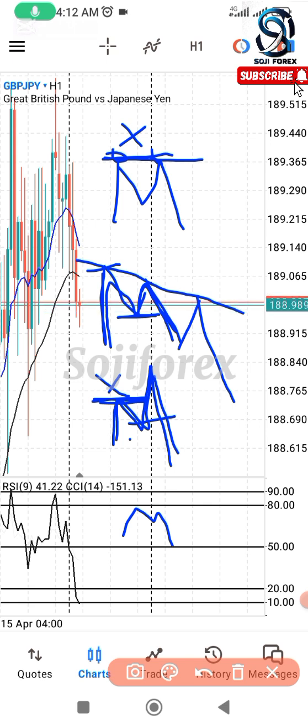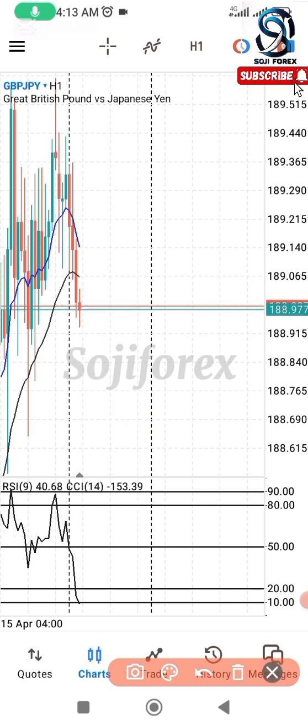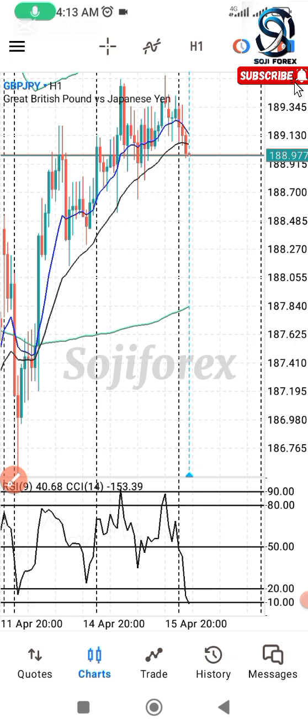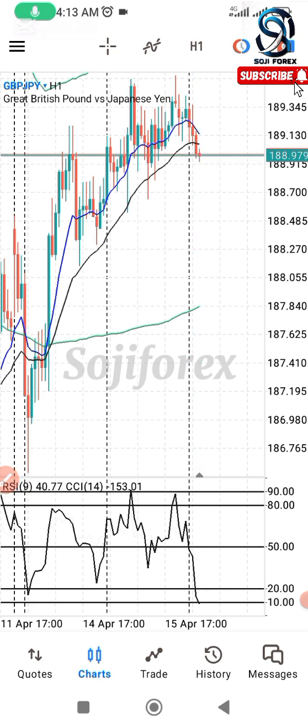So this is exactly how these patterns are formed and how they work. The opposite is for a W, which is a double bottom. So let's move to the chart and see how exactly we can identify this pattern and how we can trade this pattern.